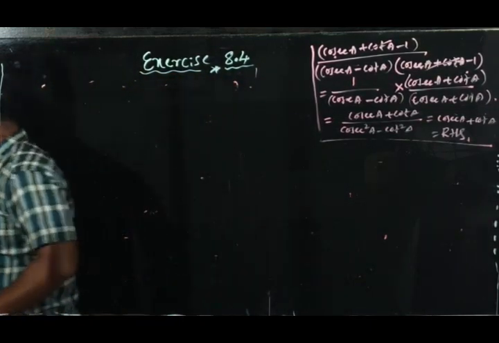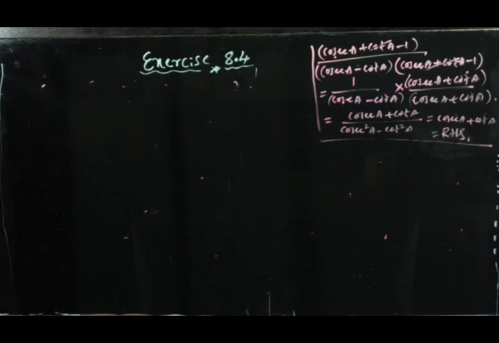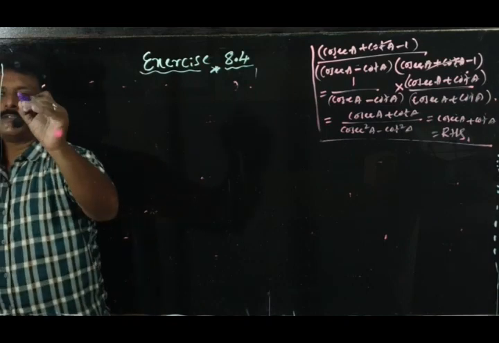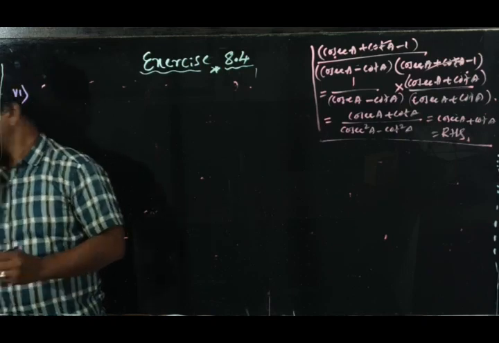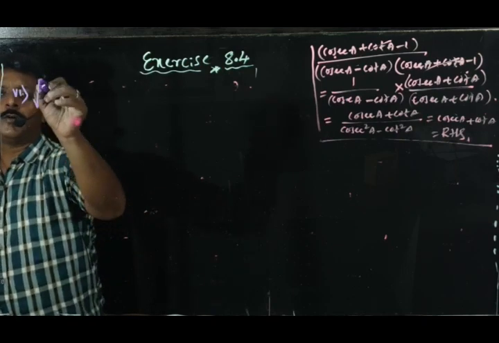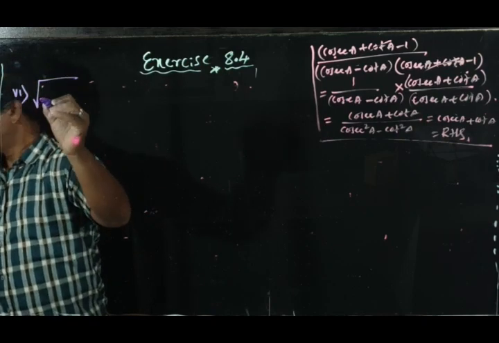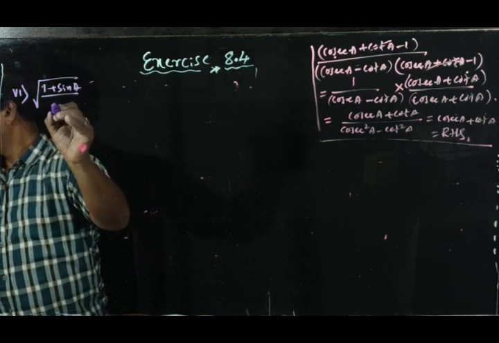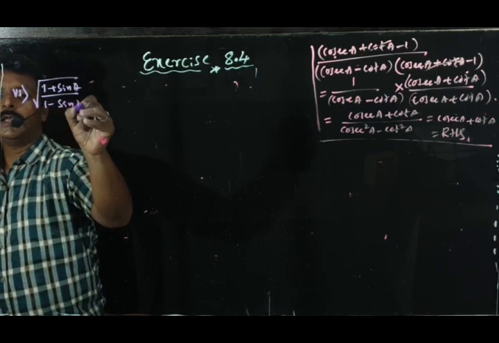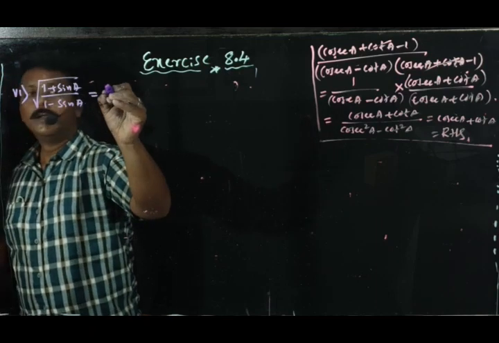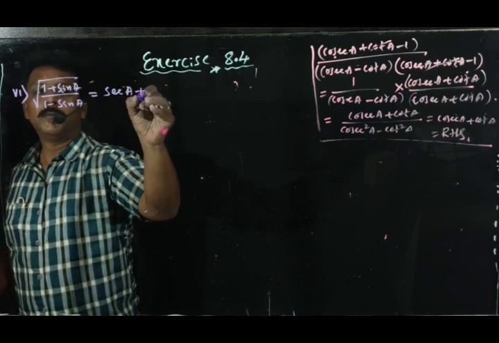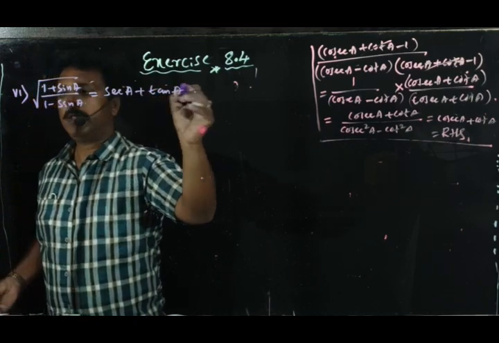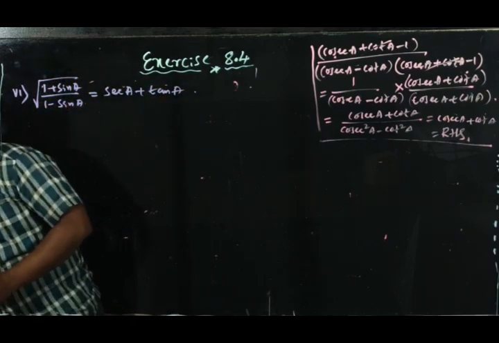What the question is? Question is, let me write question number 6. This is sixth question. Question is like this: square root of 1 plus sine A divided by 1 minus sine A is equal to sec A plus tan A. This is question number 6.